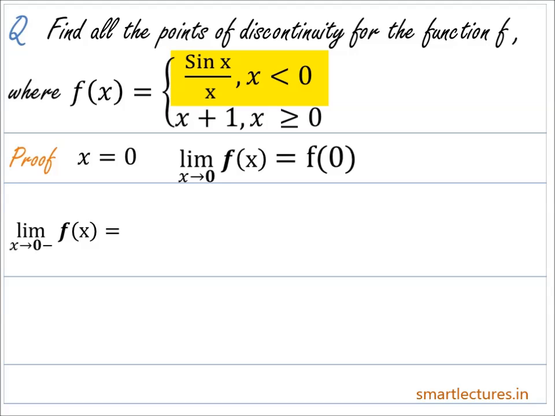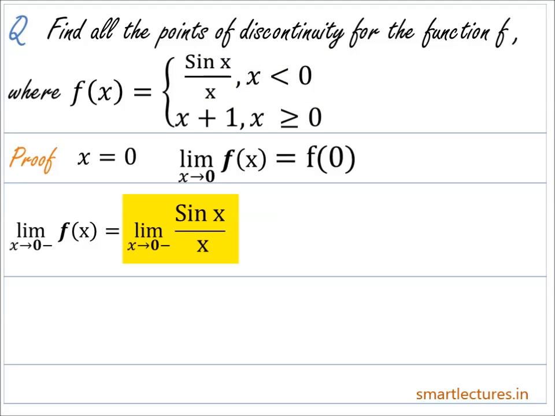So this limit can also be written as limit x approaches 0 from the left hand side, sin x upon x, and from the standard limit, as x approaches 0, sin x upon x is equal to 1. So that means the left hand limit is equal to 1.